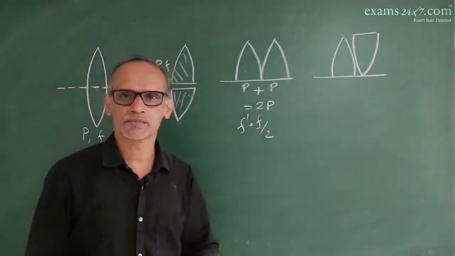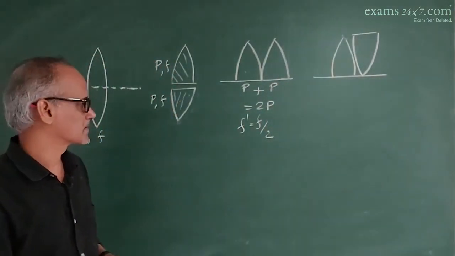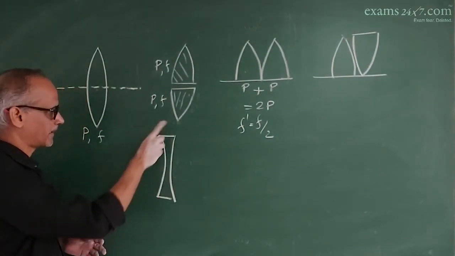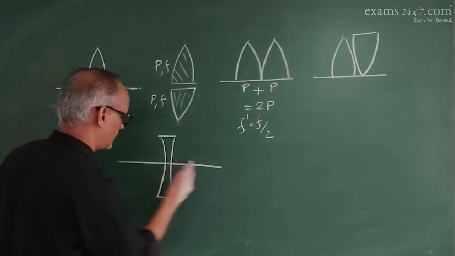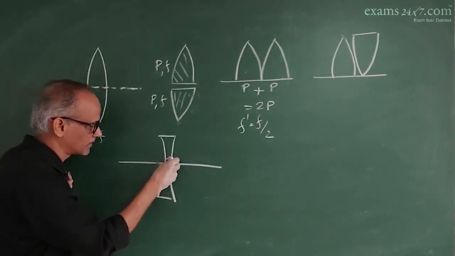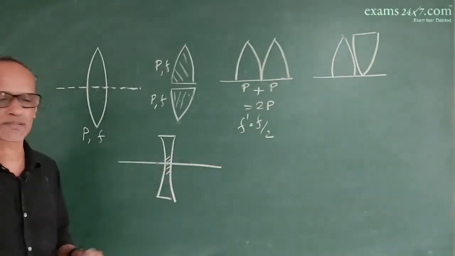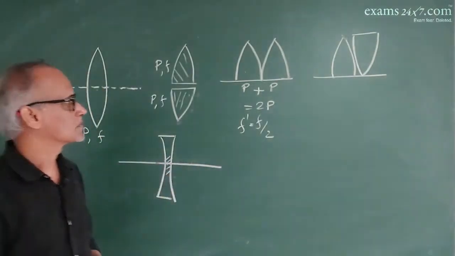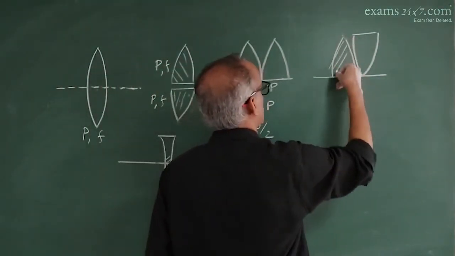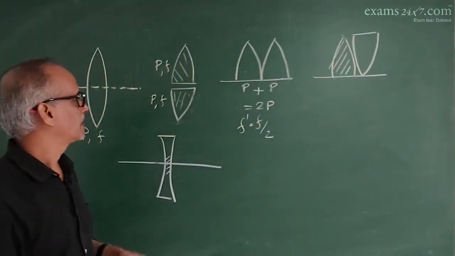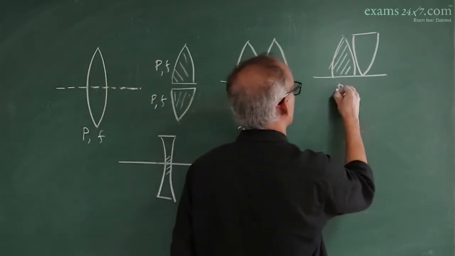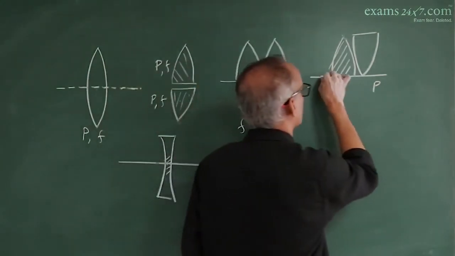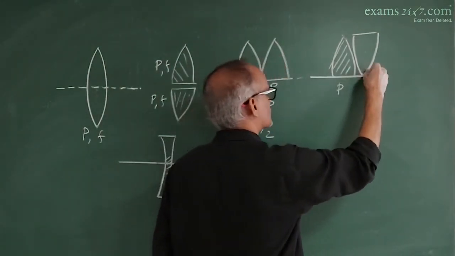Now to analyze this particular diagram, you need to understand that in the case of a convex lens, the axis passes through the thinner portion of the lens. So here, this particular lens has a power P. This also has a power P. But you can see the axis is here, and that axis passes through the thin portion.